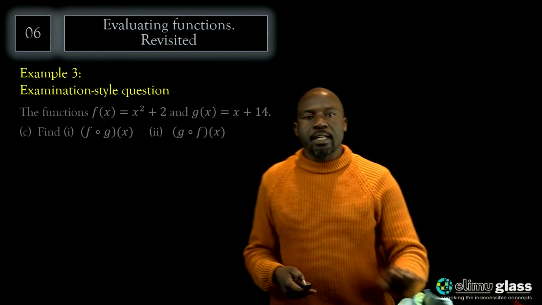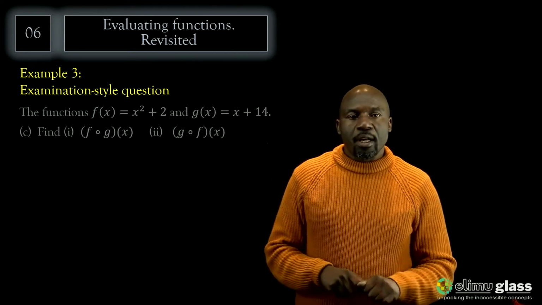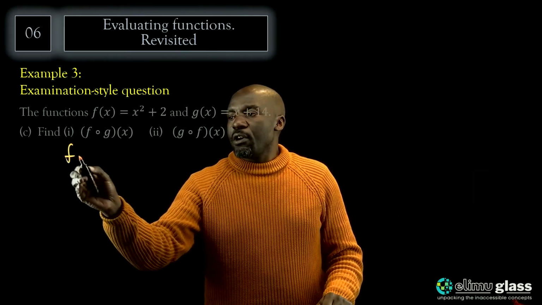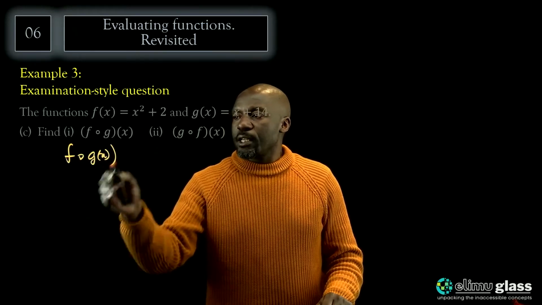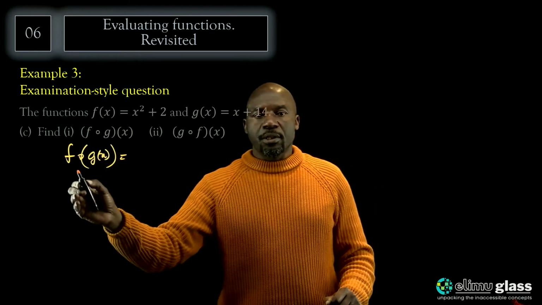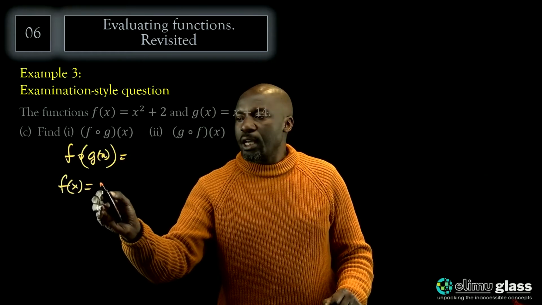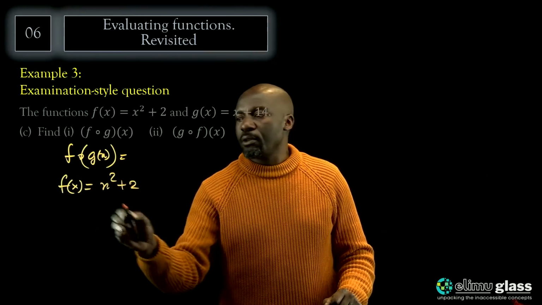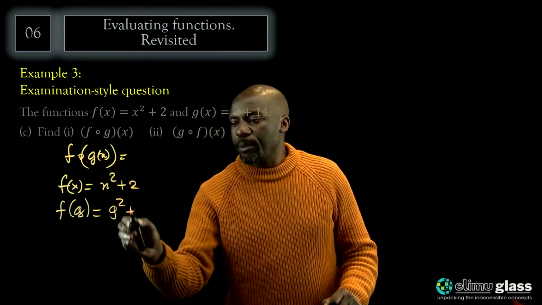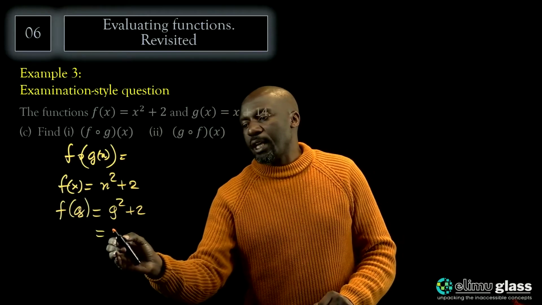It was for us to find f of g of x and g of f of x. So f of g of x, we go to f there, because we know that f of x equals x squared plus 2. So f of g must be g squared plus 2. Okay, now we go for the value of g there. That's x plus 14.